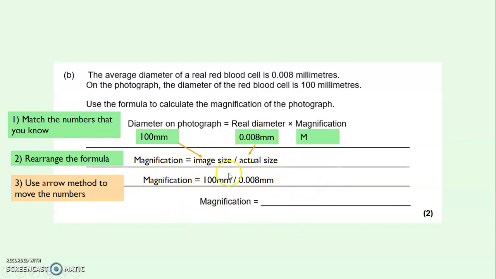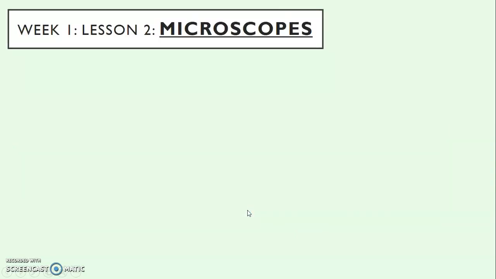And that would actually give us 1 mark because we're showing that we can rearrange it. We know what the numbers are. So even if it went wrong in the calculator, you could still get your marks. And then put it all in, and it gives you times 12,500 magnification. It's worth putting it on there just because that makes it really clear that that is your answer.